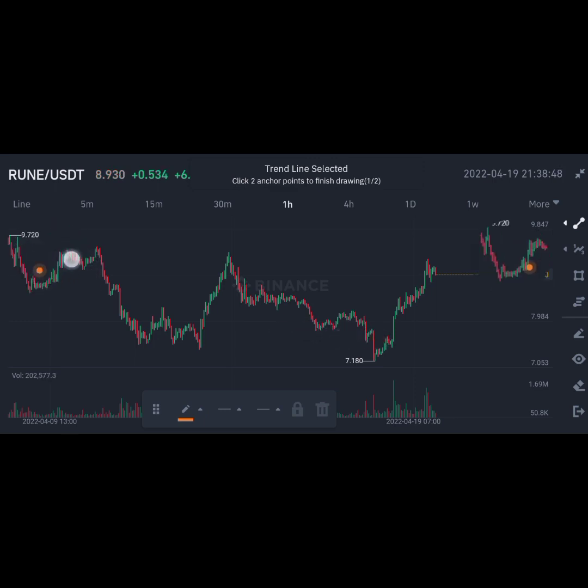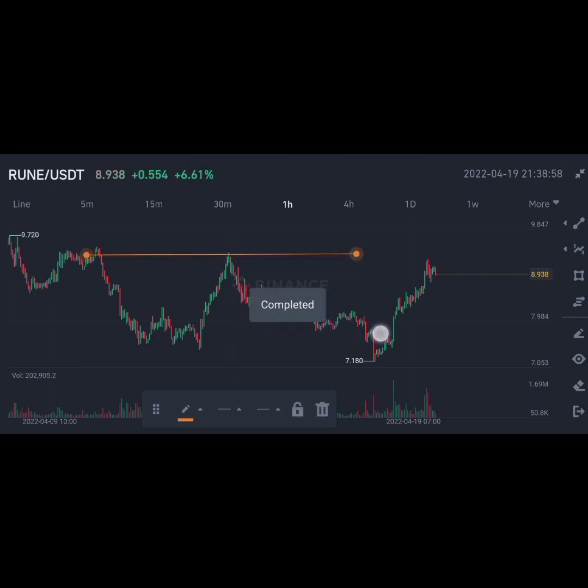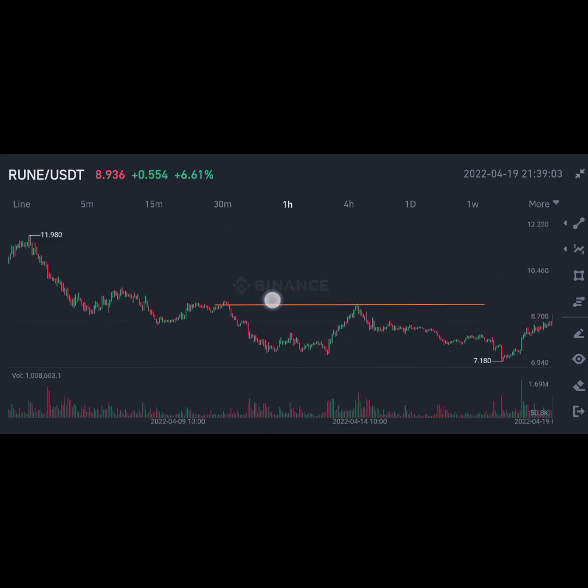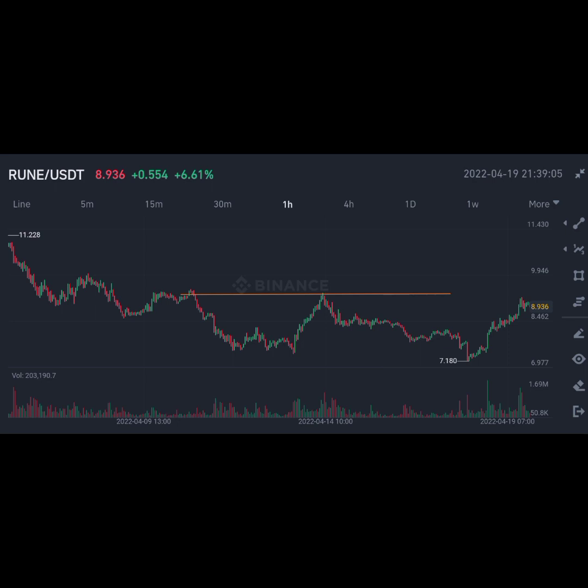Let's say here is the resistance. I want it to touch as many areas as possible. This is one resistance right here. Let me make this quite longer.